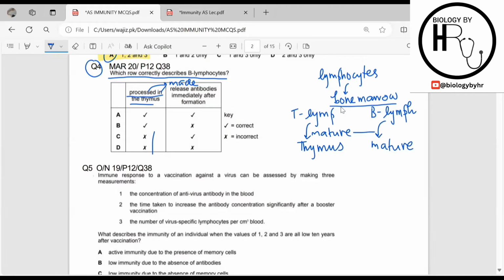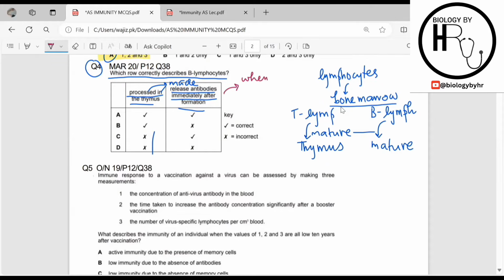And then they are saying that they release antibodies immediately after the formation. No, they are not going to release the antibodies immediately after the formation. What they are going to do is, whenever they encounter an antigen, whenever the antigen comes and binds with the B lymphocytes, only then they are going to release the antibodies. So let me write the reason over here.